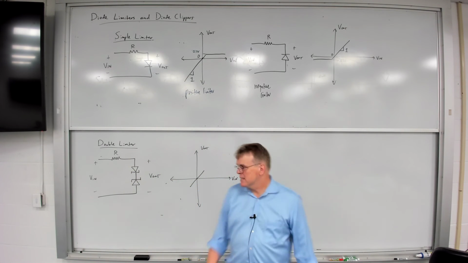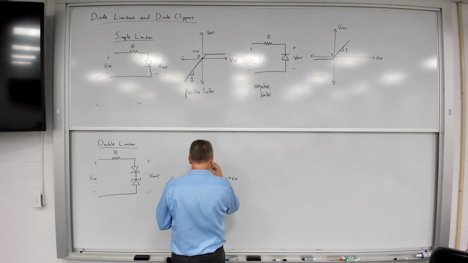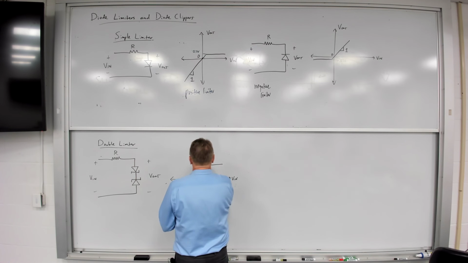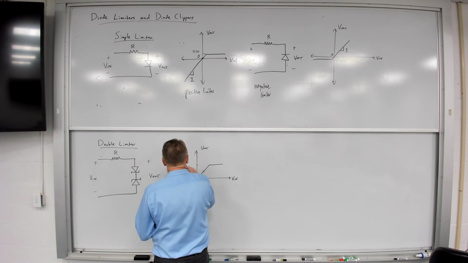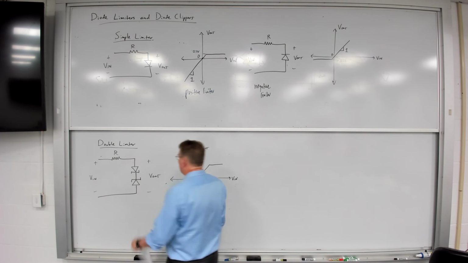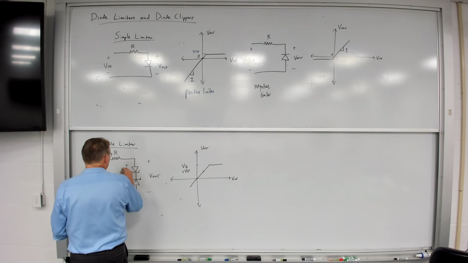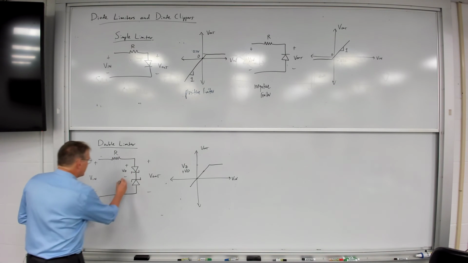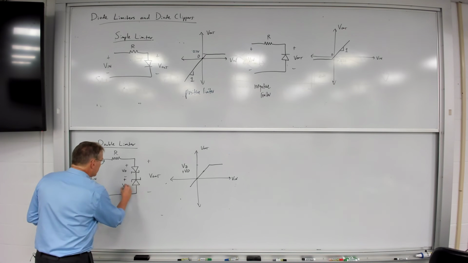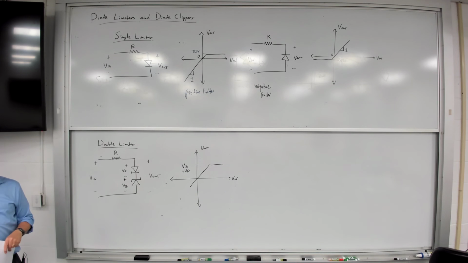So what we're going to see is that the diodes turn on when I get to a voltage Vz plus Vd. In this case, this diode turns on in forward bias and this diode turns on in breakdown. So Vout becomes Vd plus Vz if it becomes positive enough.